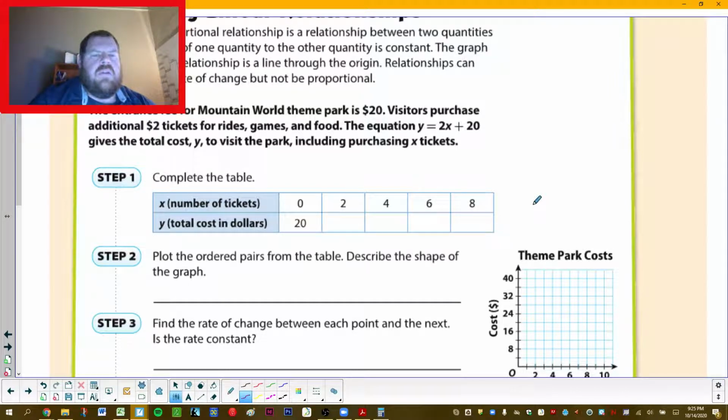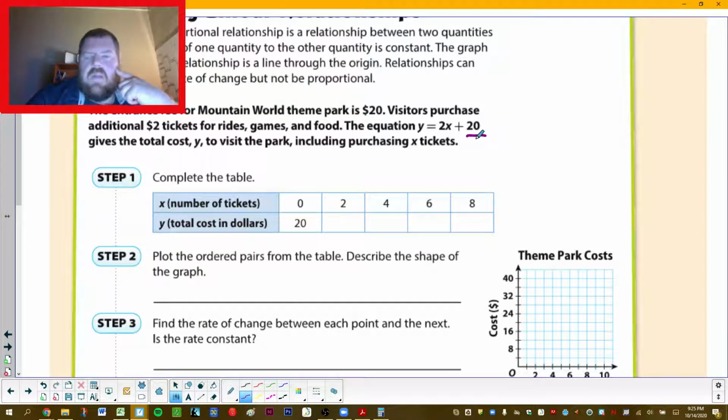Okay, so the 20 here is from the $20 entry fee, and you're going to pay that whether you play any games or ride any rides or eat anything. You're going to pay that $20.